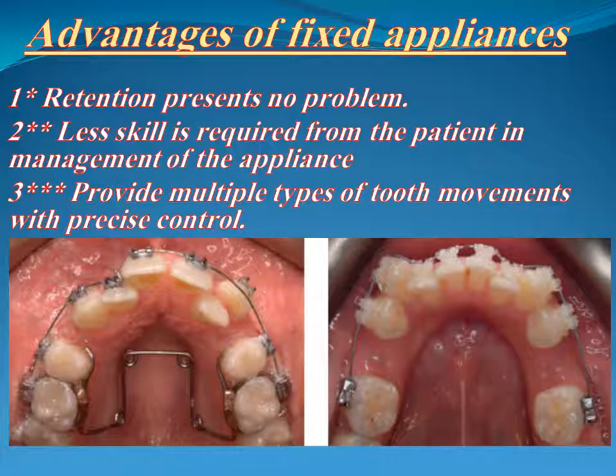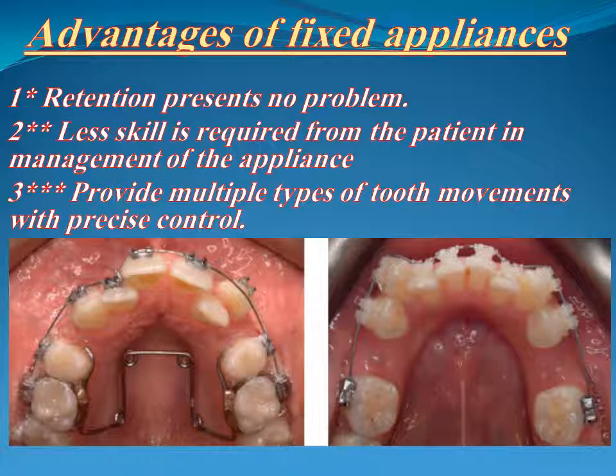As these orthodontic appliances are attached to the tooth surface, the retention property commonly presents no problem, because the appliance is already attached to the tooth surface and not subjected to withdrawal or slippage from the patient's mouth, as in the case of removable orthodontic appliances.